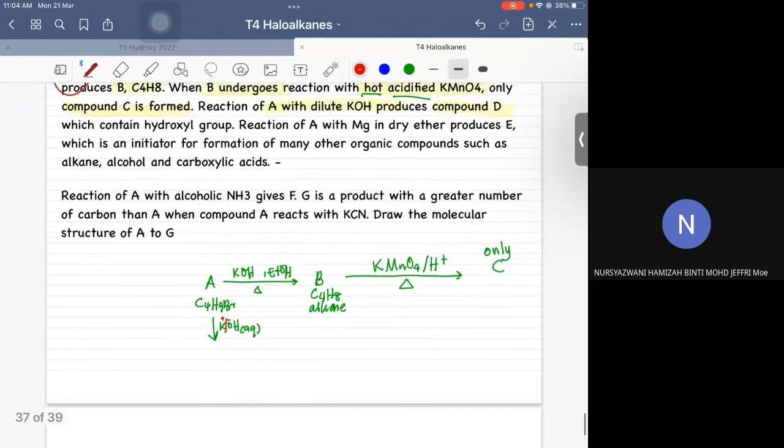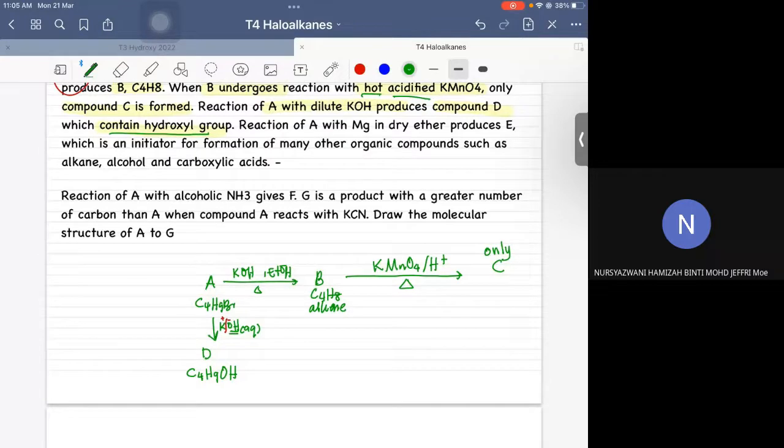Next is produce compound D, which contain hydroxyl group. So dia kata kat sini ada hydroxyl group. That means C4H9Br ni substitute dengan OH yang dia bagi ni. So betul lah, D ada hydroxyl group.